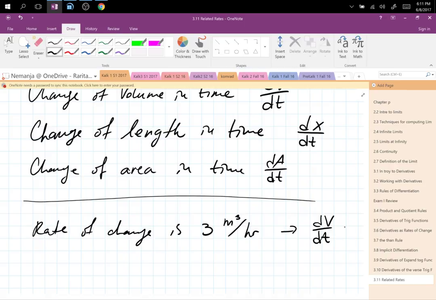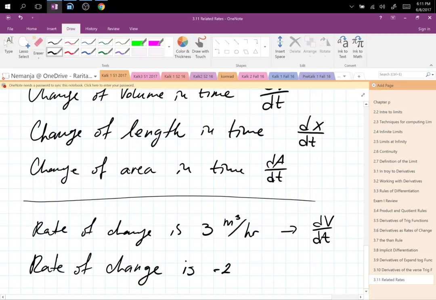So it's volume. The rate of change of something is, let's see, negative 2 feet squared per hour. What is that? Change in surface area in time.